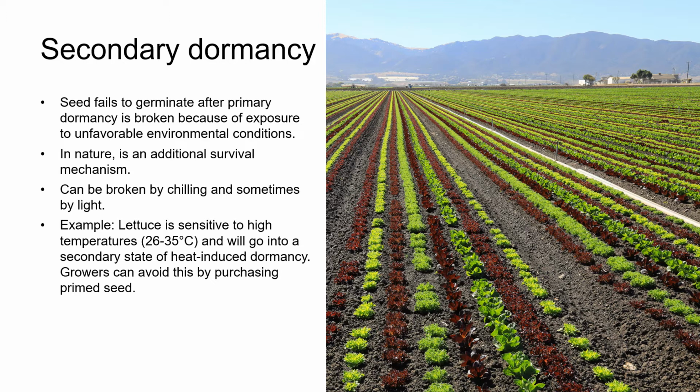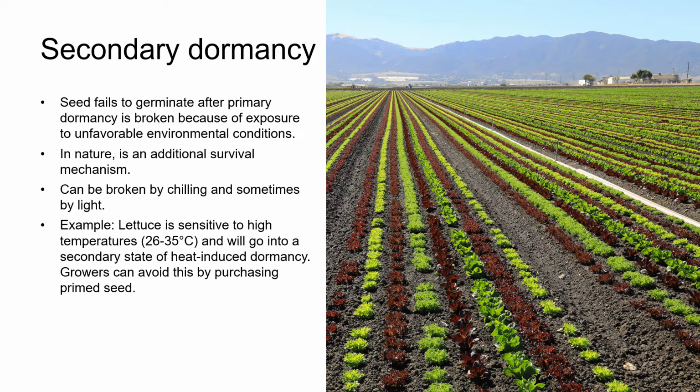But suddenly the rains stop and there's a heat wave when ambient temperatures are in excess of 100 degrees Fahrenheit. The chances of the seedling from this seed surviving if germination and emergence continue are probably zero. So therefore, the imbibed seed goes into a state of secondary dormancy, which can sometimes be really difficult to overcome.